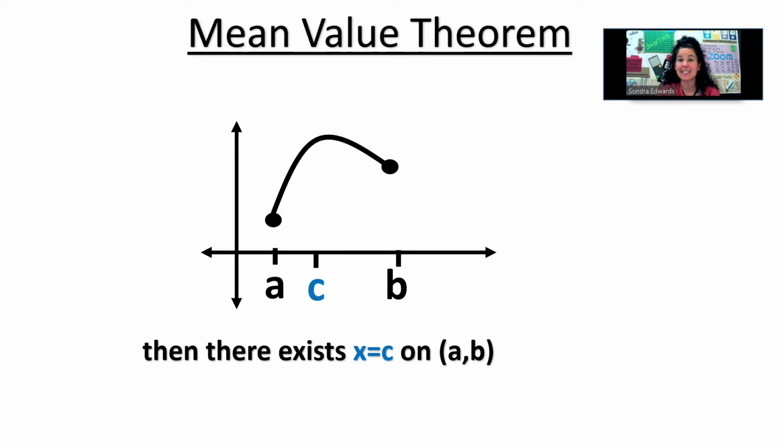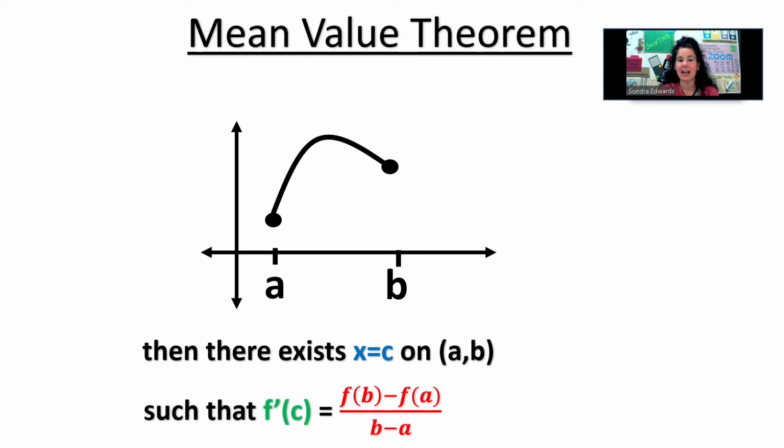All I know is it's between a and b. So I'm going to take that off temporarily. And then we're going to continue on. It says such that f prime of c equals f of b minus f of a over b minus a. Well, this statement is to help you figure out the location of that x equals c between a and b.